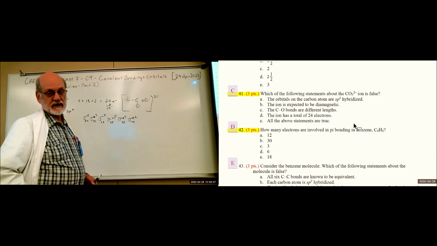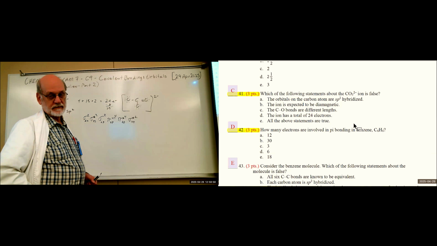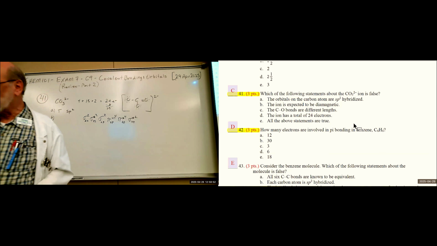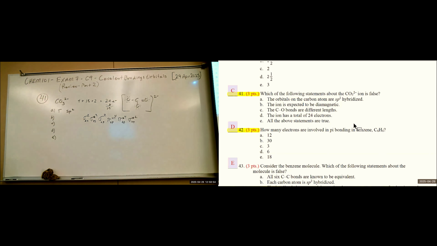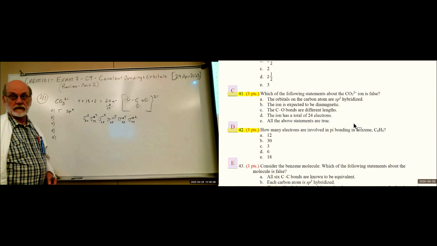The ion is expected to be diamagnetic. What kind of explanation did I give in here? The only thing we have is there are no unpaired electrons. You didn't give an explanation. Yeah, I didn't draw it out, probably because I couldn't.